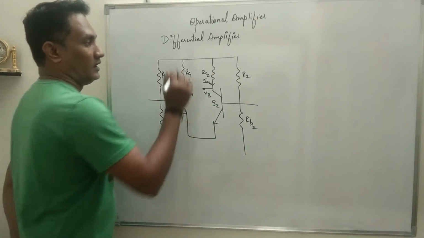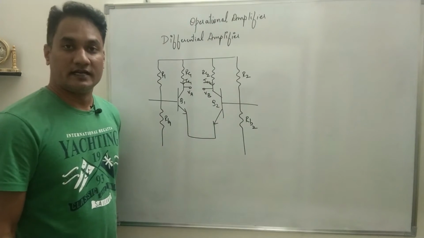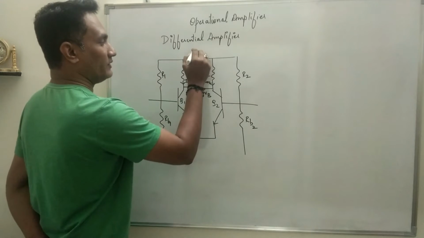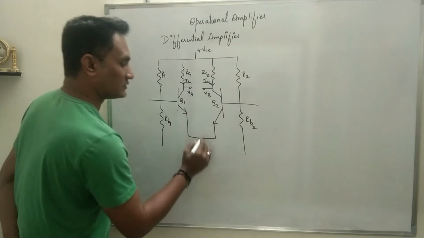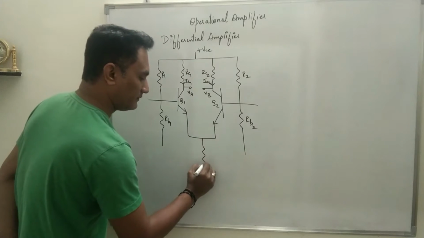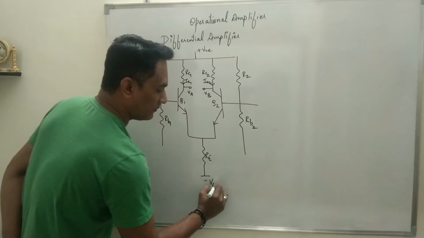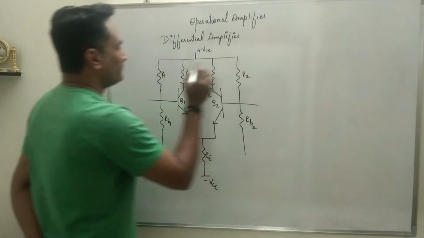Now, in all those previous circuits, RC coupled and direct coupled, we used only one power supply. In the case of the differential amplifier, we will be using two power supplies, plus VCC and minus VCC, a positive supply and a negative supply, with an emitter resistance RE.